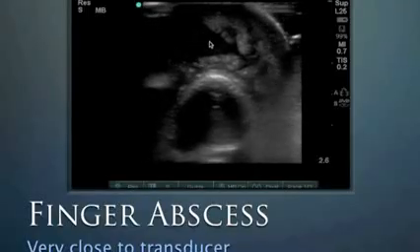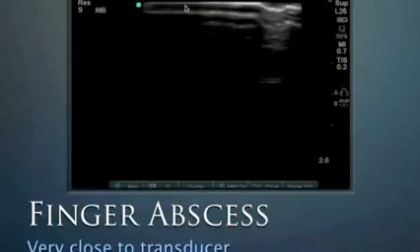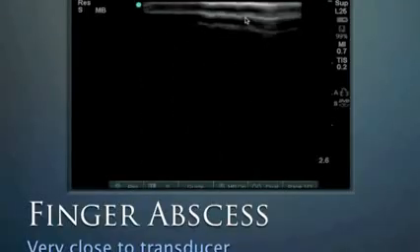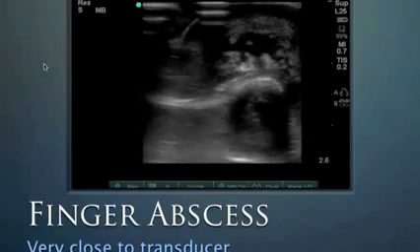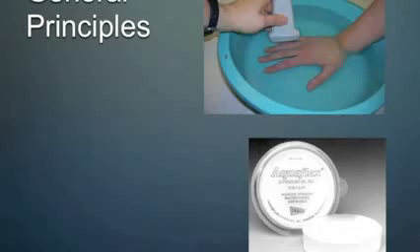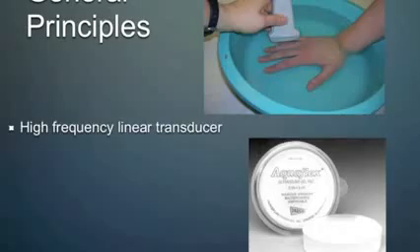Now, sometimes the structure is so close to the surface of the skin that it's hard to see, and we need to stand off a ways from a body part. So what we see here is, using that high frequency linear transducer, we have a couple of options on a very superficial structure.